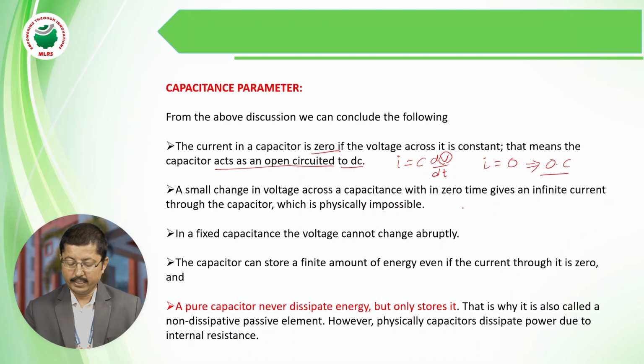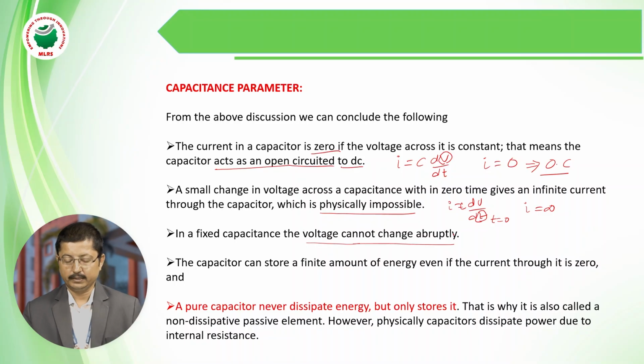Similarly, if there is a small change in the voltage across the capacitance, that is C into dV by dt, within 0 time, that is t equal to 0, we get infinite current flowing, which is practically impossible. That's why for a fixed capacitor, the voltage cannot change abruptly.